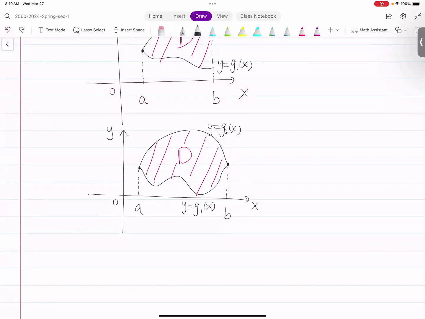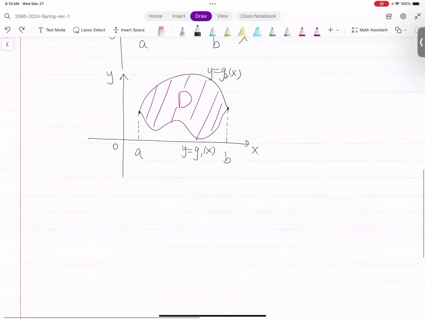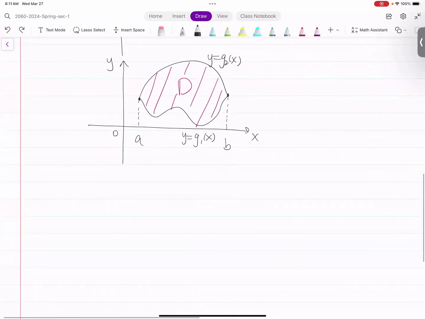I believe you have seen these when calculating the area of a region enclosed by several functions. That's possibly old. But now we are trying to define and calculate integrals on these more general regions. For more examples, let's look at the unit circle.